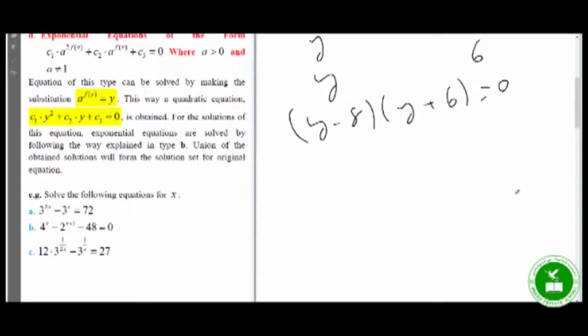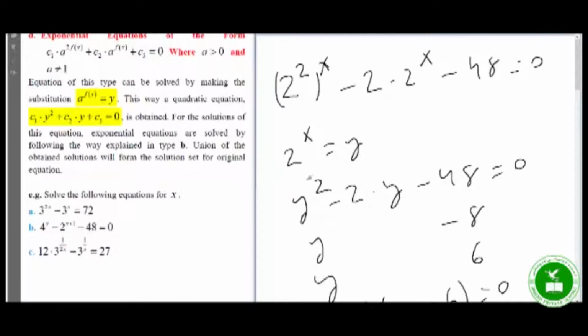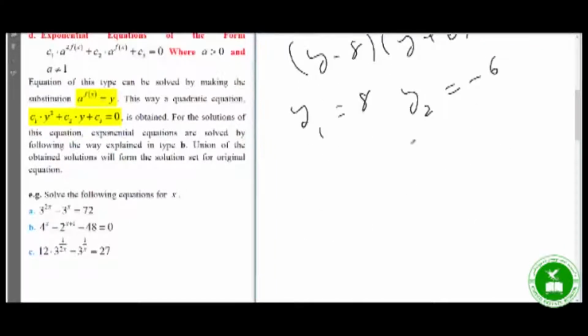Let's continue. Here, y1 is equal to 8, y2 is equal to negative 6. But what was y? As you see, y was equal to 2 to the power of x. We equalize 2 to the power of x as y. So 2 to the power of x is equal to 8, we can write 8 as 2 to the power of 3, and 2 to the power of x is equal to negative 6. For the first case, x is equal to 3.